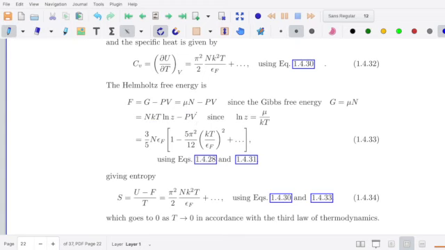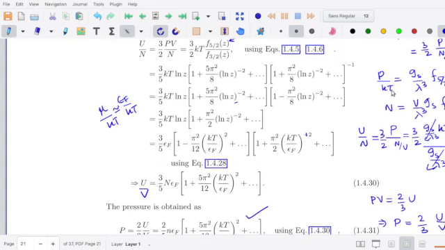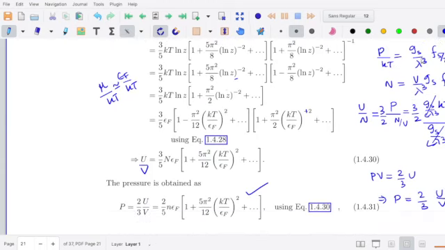Now we have an expression for PV as we have discussed earlier. So P by kT is equal to g_s by lambda cube f 5 by 2 of Z.